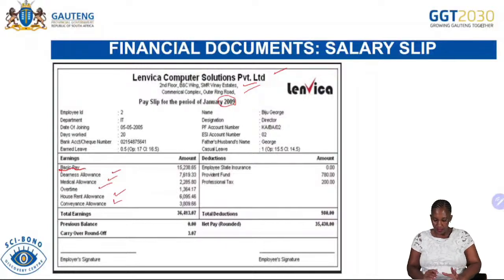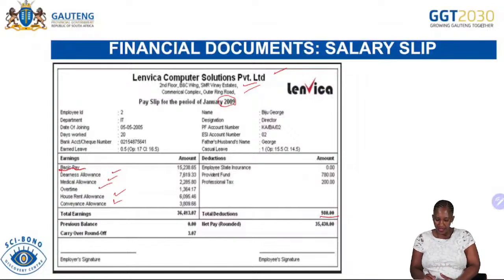So this person works under IT, and then the deductions taking place. Do they pay state insurance? No, it's 0. For the provident fund, they're paying 708. For the professional tax, they're paying 200. It means their total deductions will be 980.